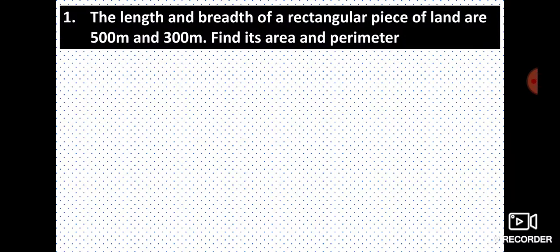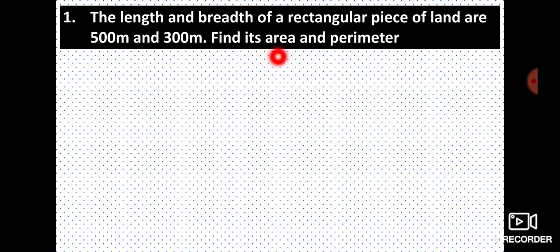By using this equation, first question is, the length and breadth of a rectangular piece of land are 500 meter and 300 meter. Find its area and perimeter. Here we have given length of rectangular piece is 500 meter, breadth is 300 meter.